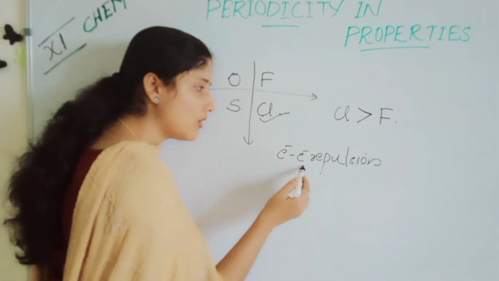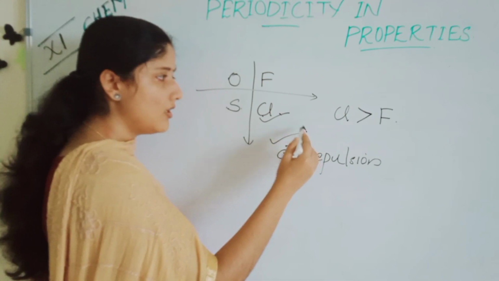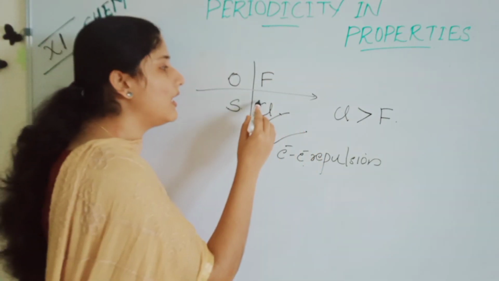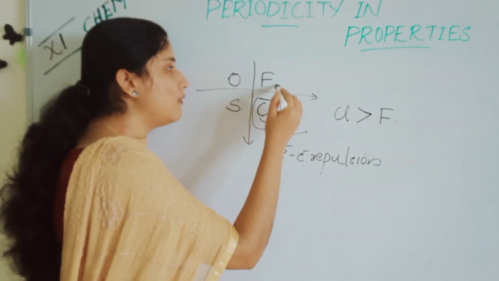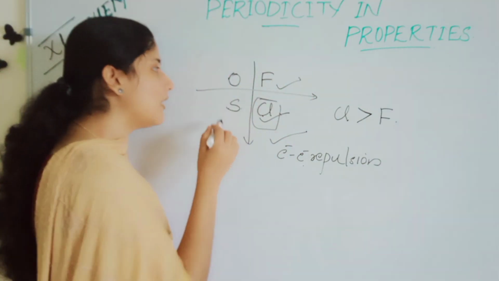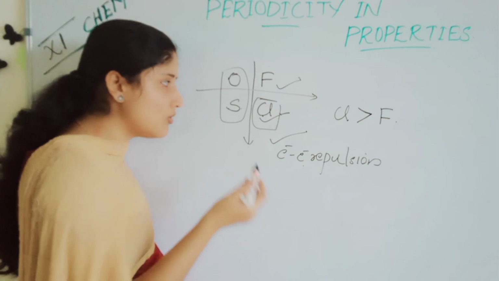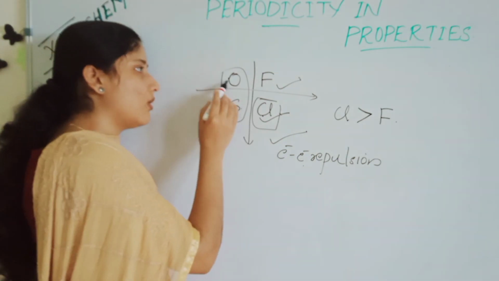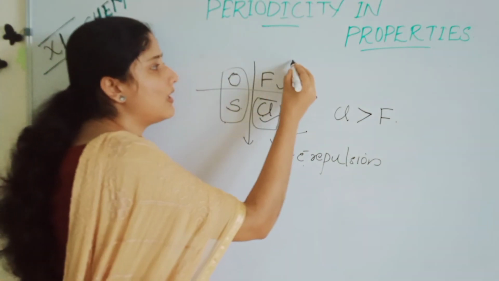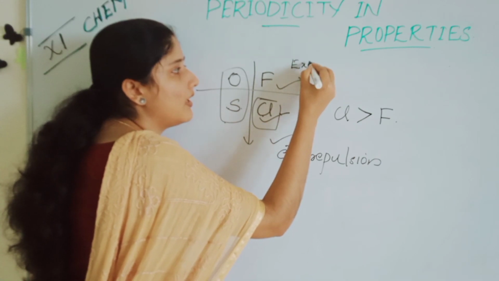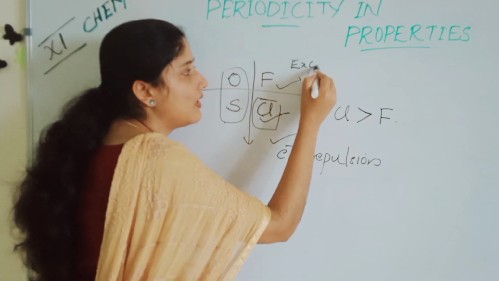So the electron repulsion will decrease. So electron gain enthalpy will be higher for chlorine than for fluorine. Similarly, in the case of oxygen and sulfur also, it will be easy to add an electron to sulfur than to oxygen. This is an exceptional case, okay?